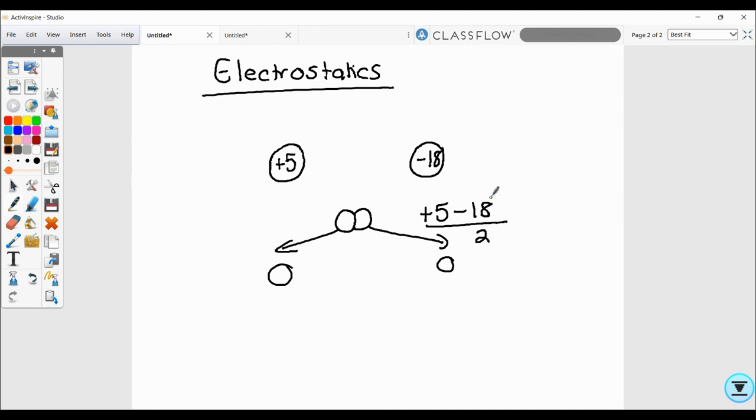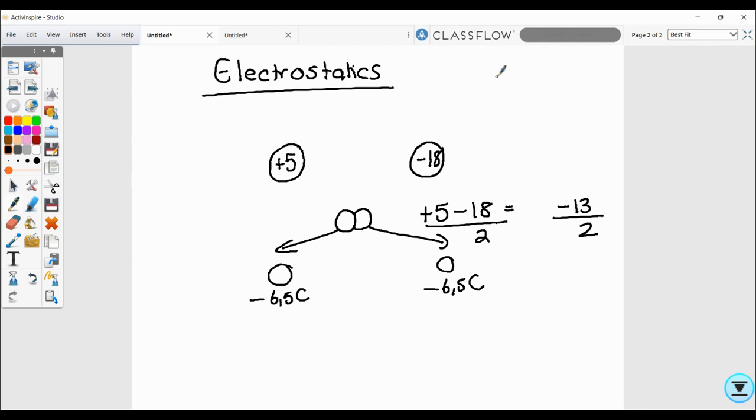Plus 5 minus 18 gives me minus 13 over 2, which means this one will end up being minus 6.5 coulombs and this one will end up being minus 6.5 coulombs. So that's important. You need to be able to do that. But you need to make sure you show the charges here.